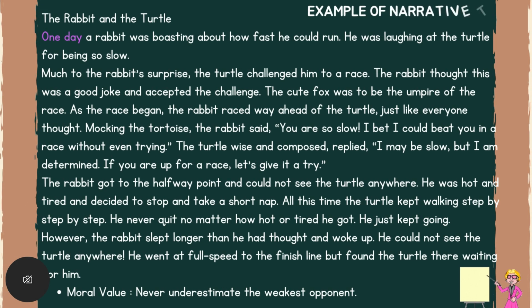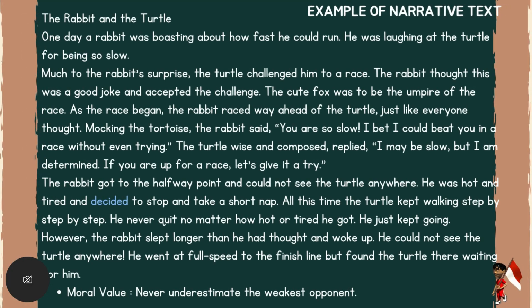Next, in this paragraph using adverb of time, we can see from the first paragraph that is one day. And then next, the use of saying and thinking verbs. We can see from the third paragraph that is decided.